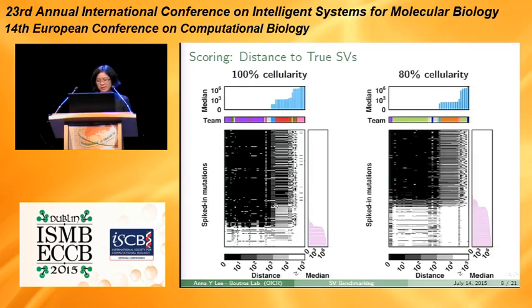If we then look at the second tumor, which has instead 80% cellularity, then you can see that a smaller fraction of the spiked in mutations are covered by these predicted structural variants, and this is expected due to the difficulty of the tumor since the signal is essentially lower.